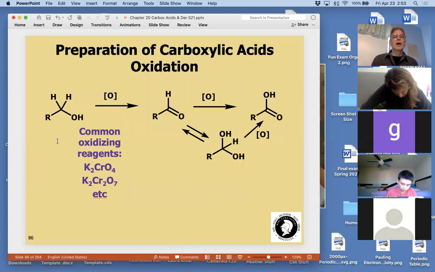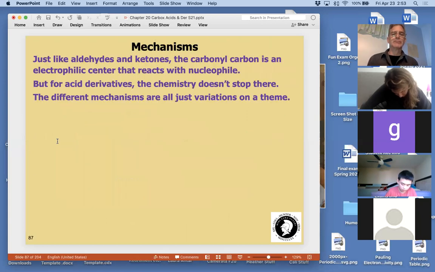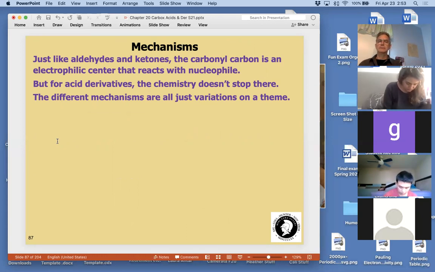Okay. So preparation of carboxylic acids, you know some already. You oxidize primary alcohols, right? Okay. Mechanisms for carboxylic acids and derivatives focus on the carbonyl carbon and nucleophiles reacting there, with or without the help of protonation. Okay.